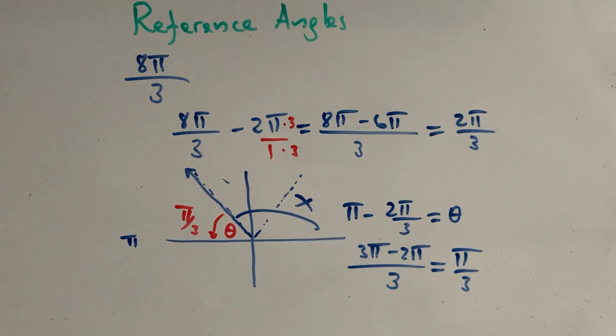Not difficult at all for you to do. You just need to make sure you look for what you need. Make sure you draw the coordinate plane just like I did here, and then it will be pretty easy for you guys to identify which quadrant and what to subtract or add to get the angle you need. Okay, so this is how you get reference angles.